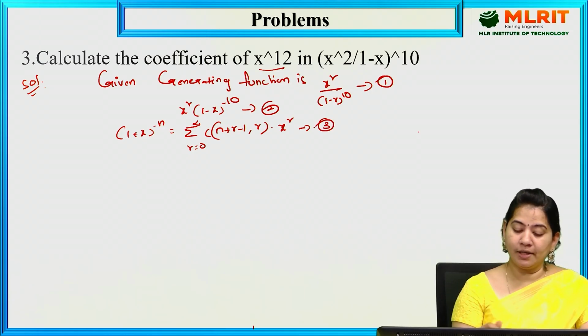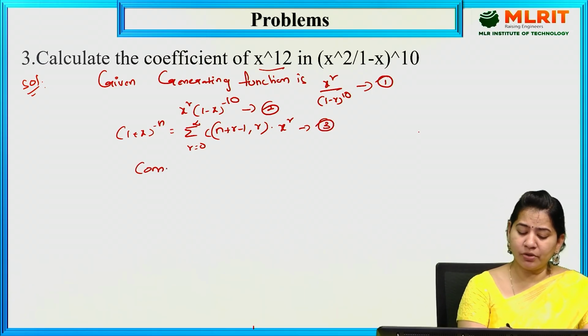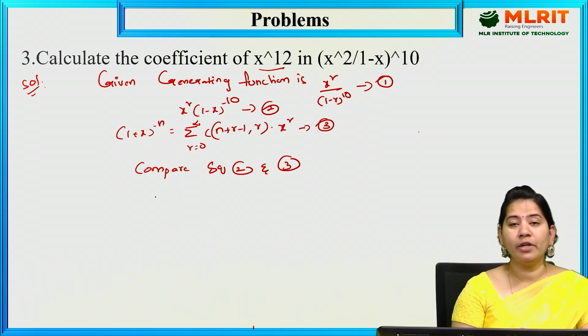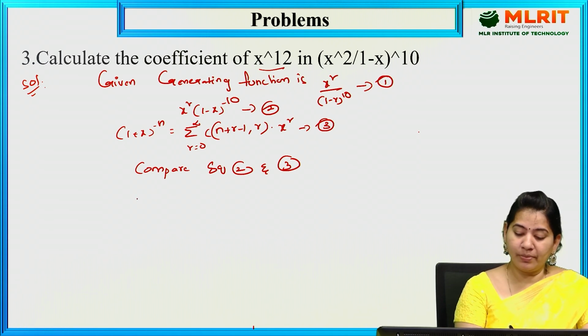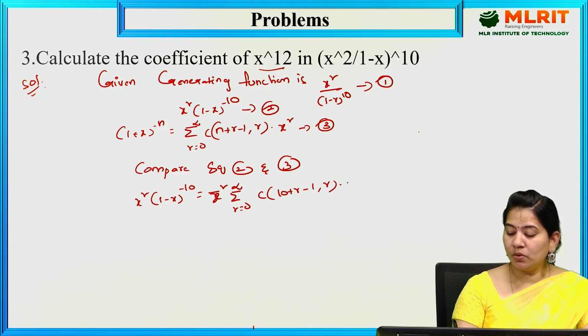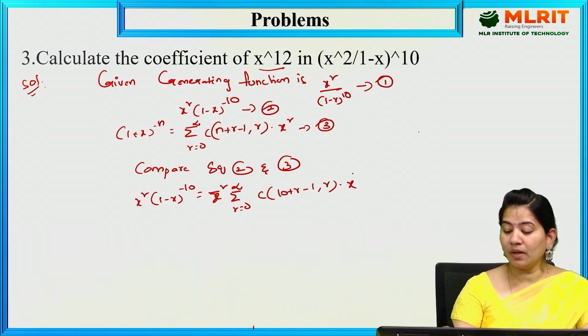Now comparing equations 2 and 3, you will get x square into 1 minus x whole power minus 10 is equal to x square into sigma r equal to 0 to infinity C of 10 plus r minus 1 comma r into x power r.